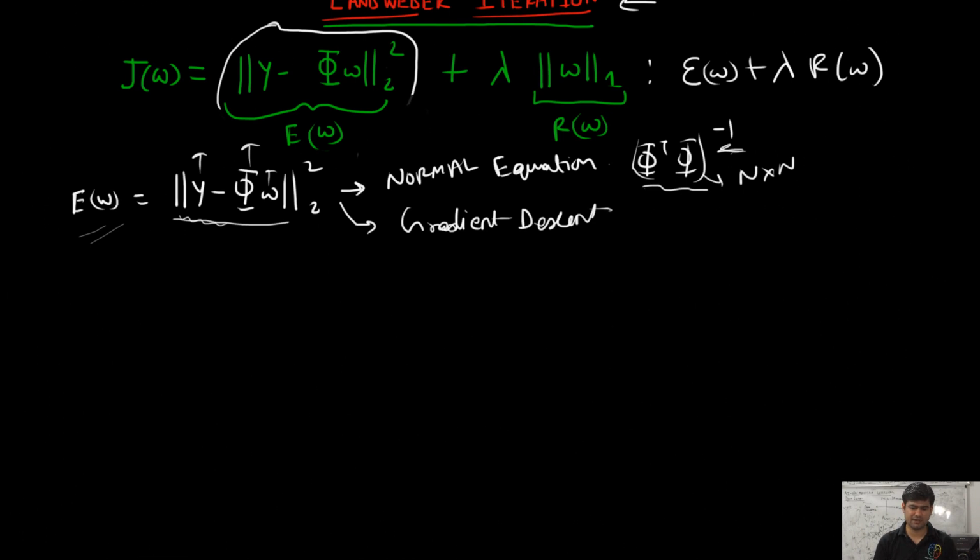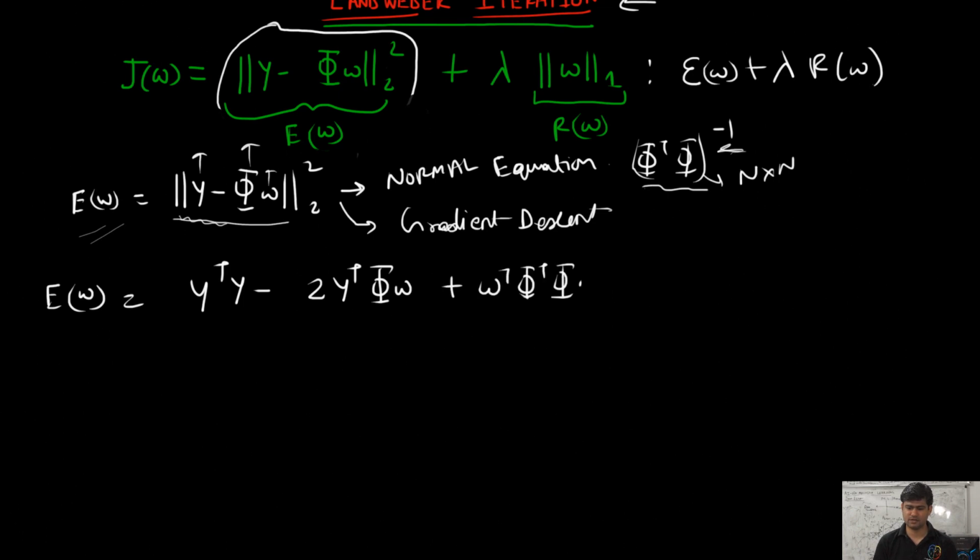We'll expand this loss function. E of w is equal to y transpose y minus twice y transpose times phi times w plus w transpose phi transpose phi w. Since this is a convex function of w, we can set the gradient with respect to w to 0 to compute the optimal solution.